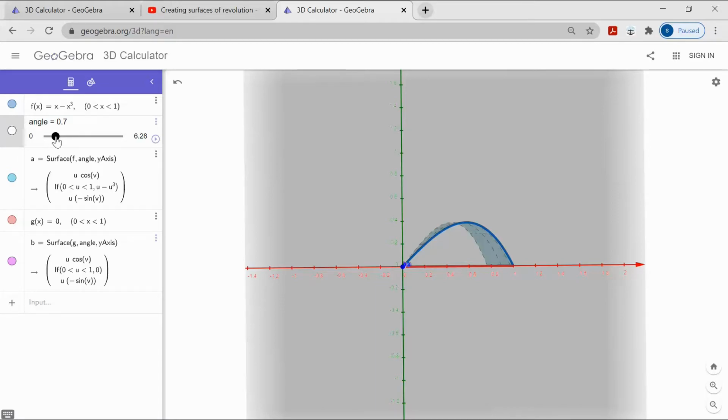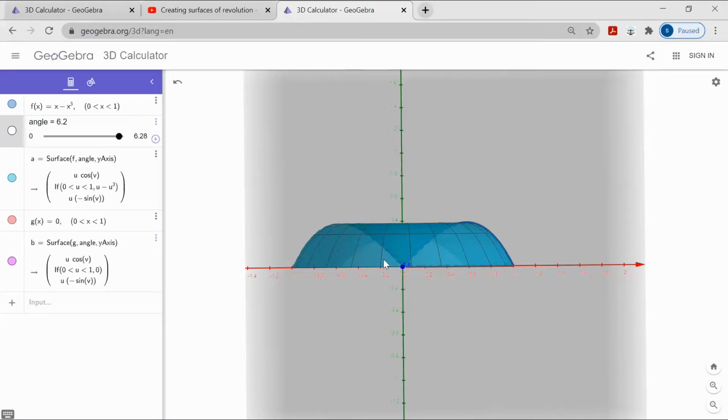As you can see, it's moving toward the y-axis, then it's going to form a shape as it rotates. It rotates to the second quadrant now. Now it's going to complete the 2 pi. Then this will be the shape after it rotates around the y-axis.